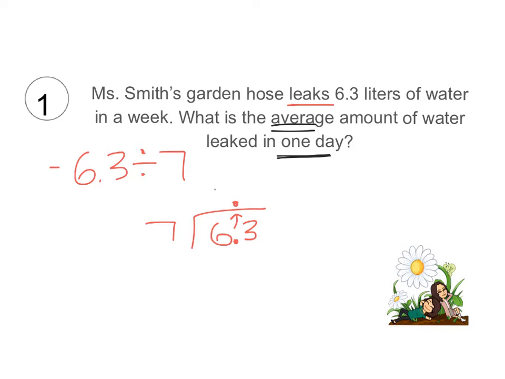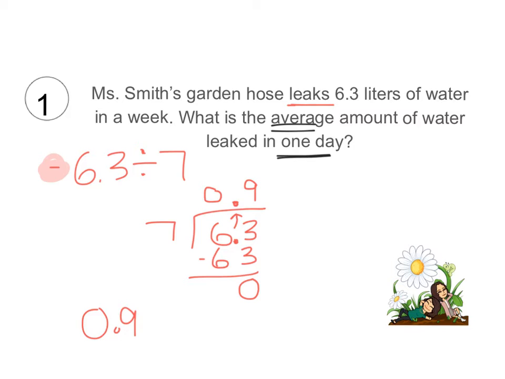So 7 cannot go into 6, but it can go into 63 9 times. 9 times 7 gives you 63. When you subtract, you get 0, and we've got nothing else to bring down, so we are done. So our answer is going to be 9/10. Let's check our sign. In our original problem, we did have a negative because it was leaking.